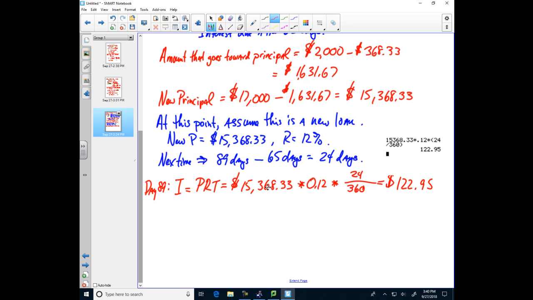So the amount that goes toward principal is going to be the payment was what, $4,000? Yeah. $4,000 minus $122.95.